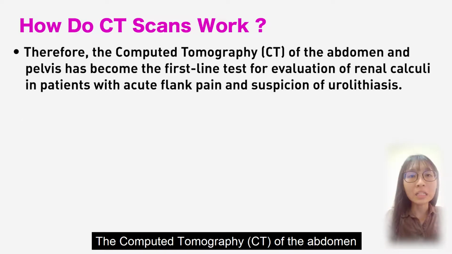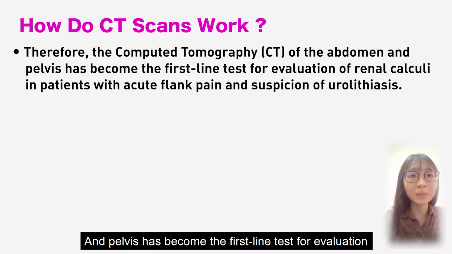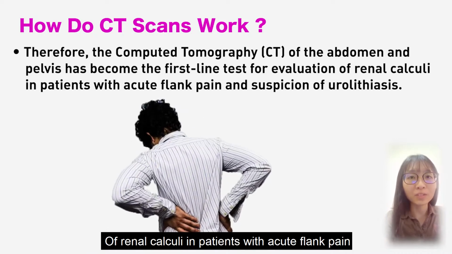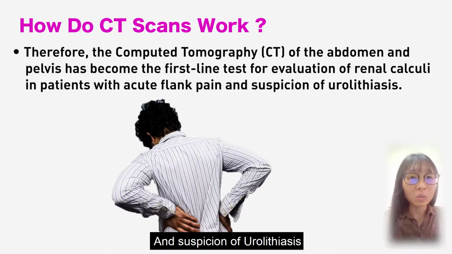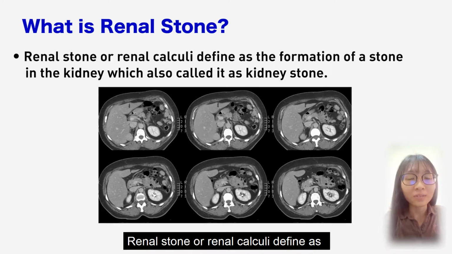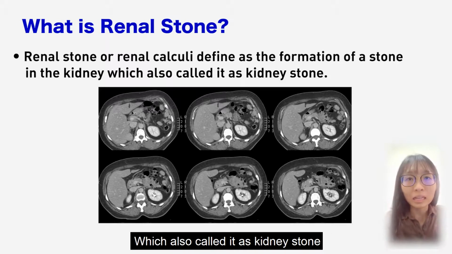organs. The computed tomography of abdomen and pelvis has become the first line test for evaluation of renal calculi in patients with acute flank pain and suspicion of urolithiasis. Renal stone or renal calculi is defined as the formation of stone in the kidney, which is also called the kidney stone.